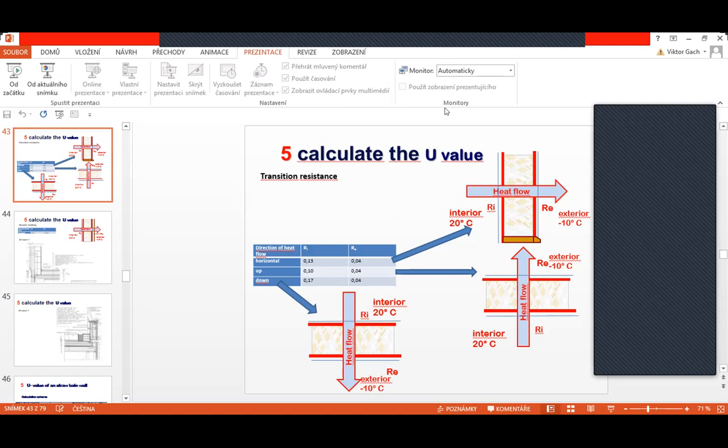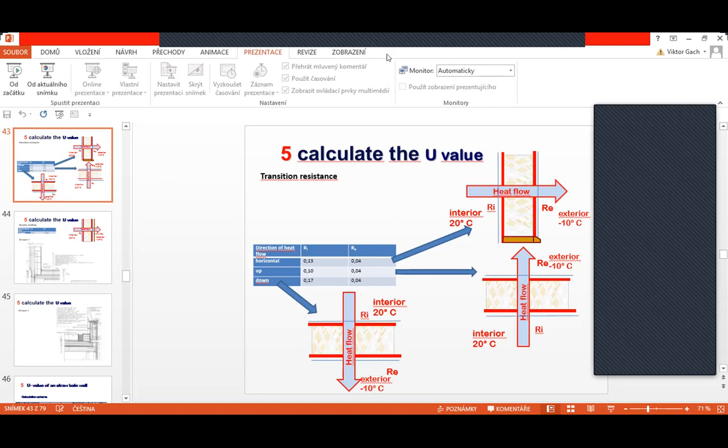So there is a certain layer which we always add, inside with a value of 0.13 Ri, and outside it's always the same, 0.04, a little small resistance, which is hard to measure in each condition. It's different all the time, but these numbers are empirically measured, so we should always add them when we calculate.